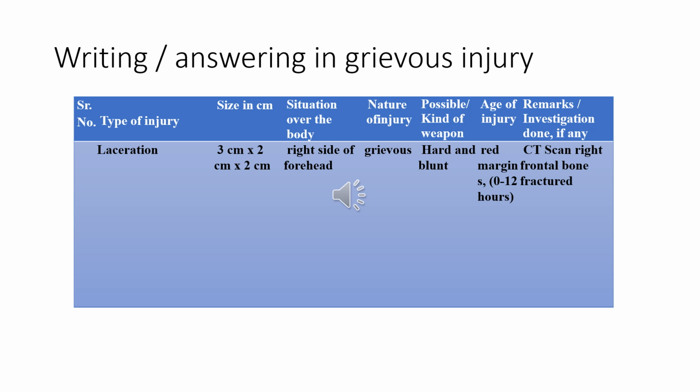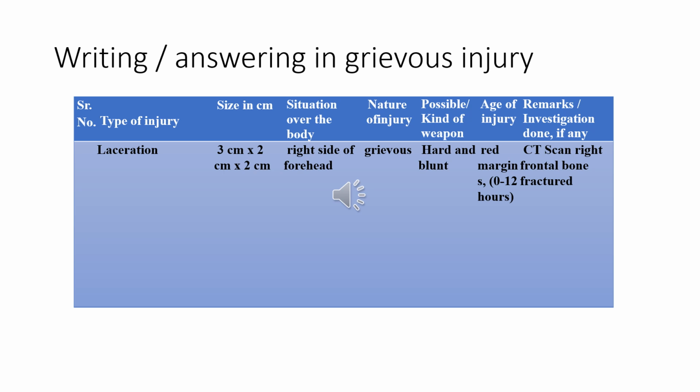So when we do the CT scan of the patient, we should write the remarks of demonstration. When we do the CT scan of the patient and the frontal bone is fractured, then it can be a grievous injury. Similarly, about the stab wounds, when you write the dimensions and the depth of the injury, and when you do any MRI, CT scan, or USG and you find any visceral organ damage, then it is grievous.